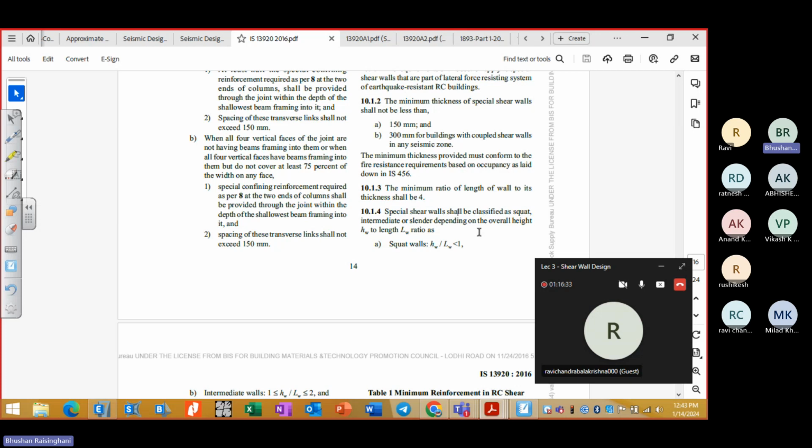So a frame element will go under bending and be story wise. Your shell element, have you defined it as story wise or as a continuous element? The shell as story wise only, sir.